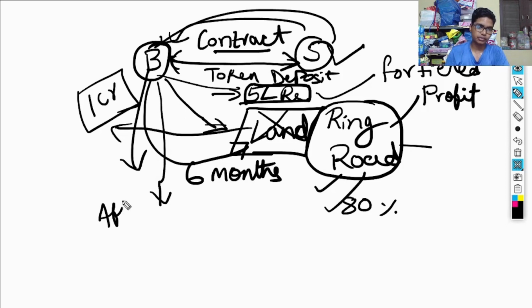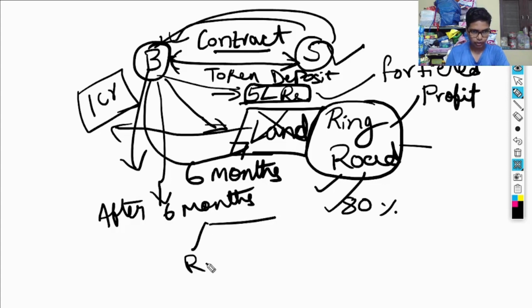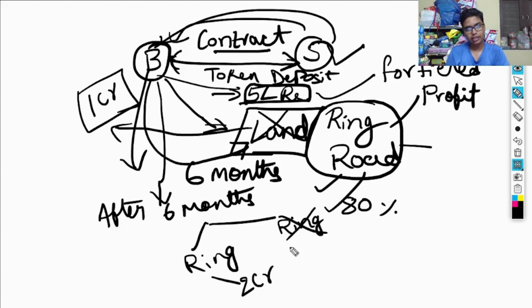If after 6 months the buyer checks the present scenario and the ring road is sanctioned, the value of the property goes to 2 crore rupees. There may also be a possibility that the ring road is not sanctioned. In that case, the market price of the land goes down to 60 lakhs.